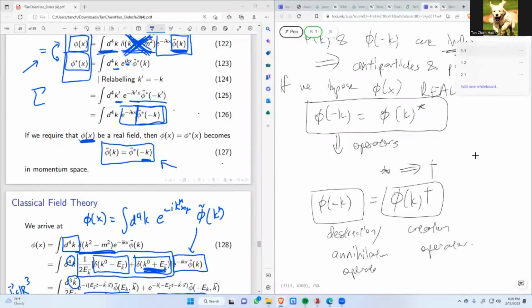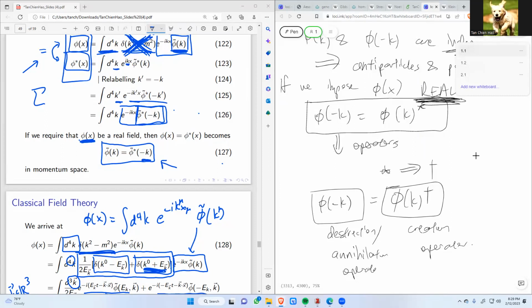And the one on the right is known as the creation operator. So when they are upgraded to operators, a field being real will in some sense imply that the creation of a particle is equivalent to the annihilation of an antiparticle.